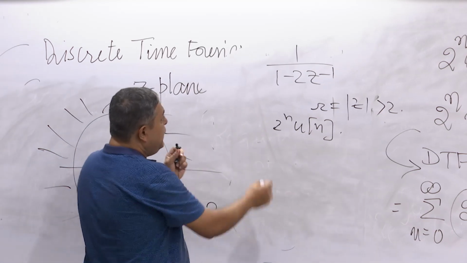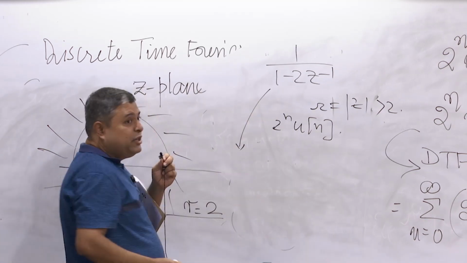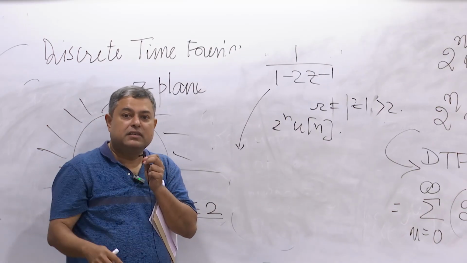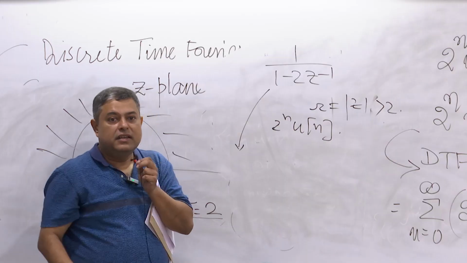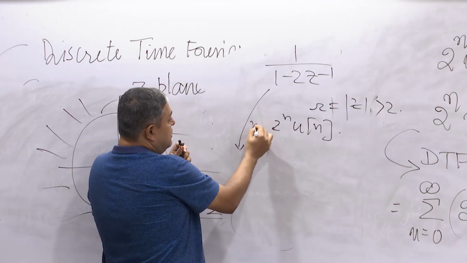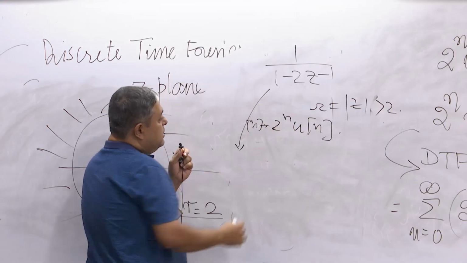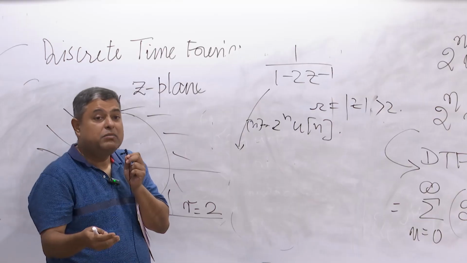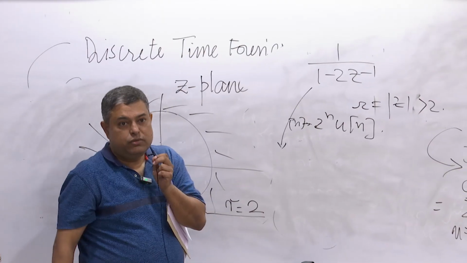Now for the same thing, the ambiguity is that the same Z transform will have, if we take the inverse, another signal in the n domain, that is the discrete domain, which will have the same kind of transform in the Z domain but for a different ROC.